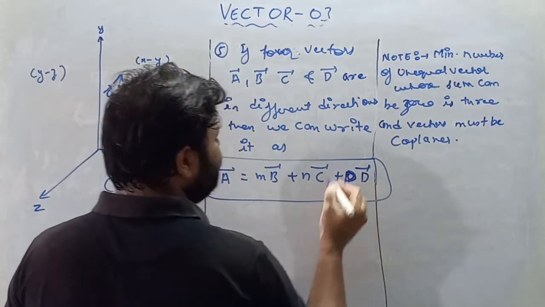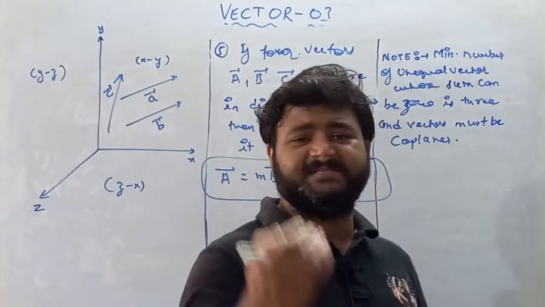Let it be P, because O is pronounced as 0 vector as well, so I'll take P.